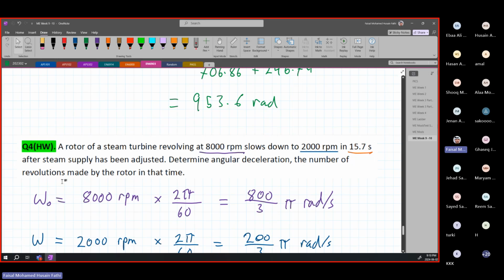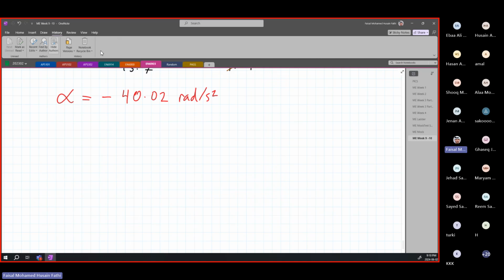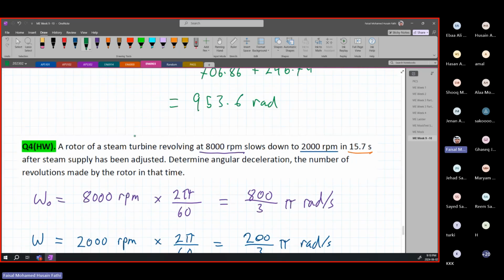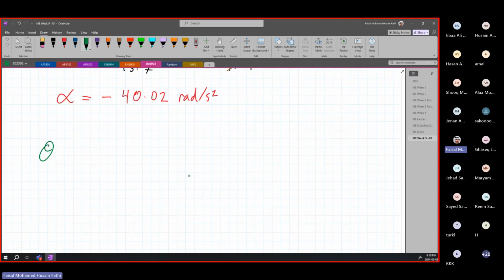And now it says the number of revolutions made by the rotor in that time. What does this mean, number of revolutions? They're not saying revolutions per minute. If we look back at the question, they're talking about the number of only revolutions. Number of revolutions meaning we're talking about theta. So usually we talk about theta either in revolutions or in radians or in degrees.